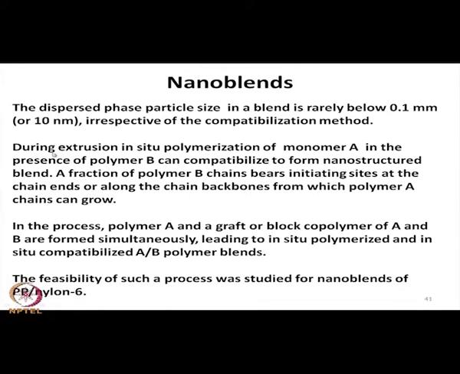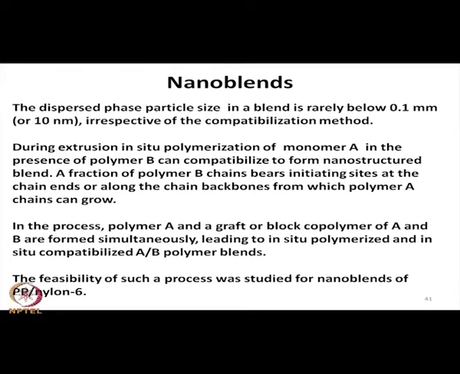Now, during extrusion, in situ polymerization of monomer A in the presence of polymer B can compatibilize to form a nanostructured blend. That means such a nanostructured blend can be prepared during extrusion polymerization, when the two component polymers are extruded by mixing in an extruder screw.